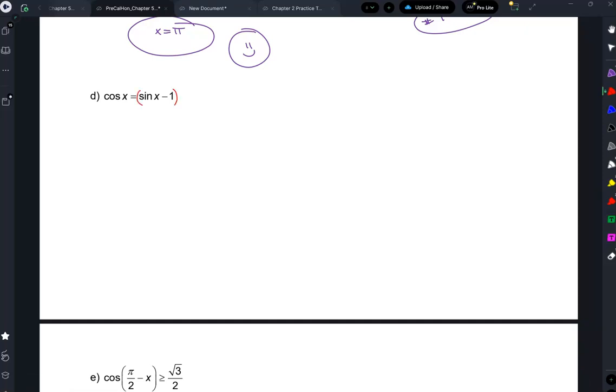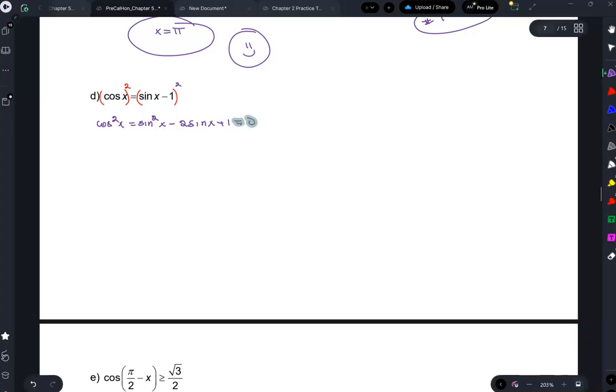So here, square both sides, and I get cosine squared x is equal to sine squared x minus 2 sine x plus 1. Sorry, they're equal to each other.